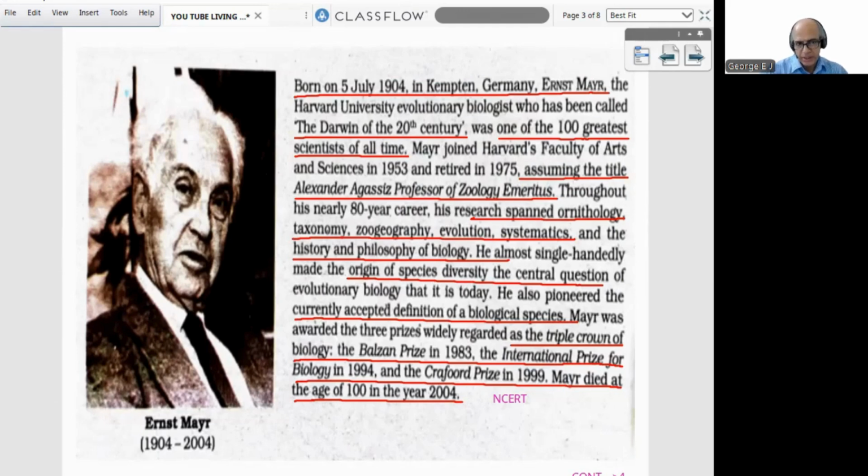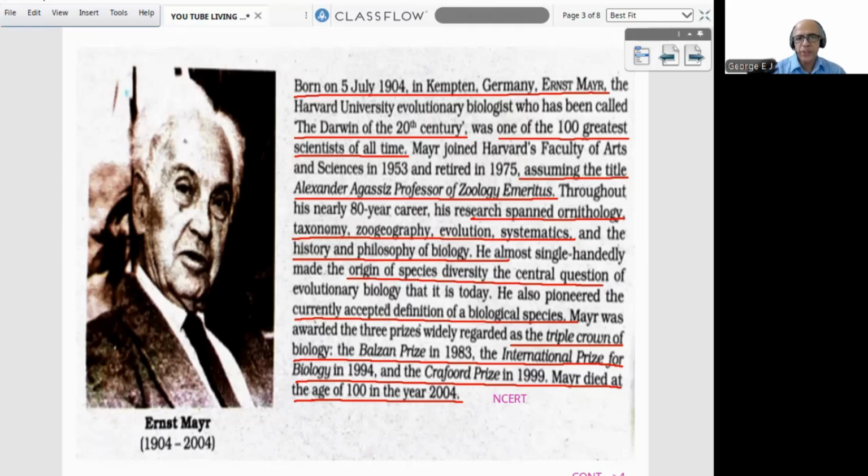And in a single-handed manner he dealt with the origin of species. He gave a definition also, Ernst Mayr. The term species was given by John Ray, which we'll be learning in the next episode. But the biological concept of the species was given by Ernst Mayr. That is, sexually reproducing organisms able to produce fertile offspring. This we can observe later when we deal with the species.